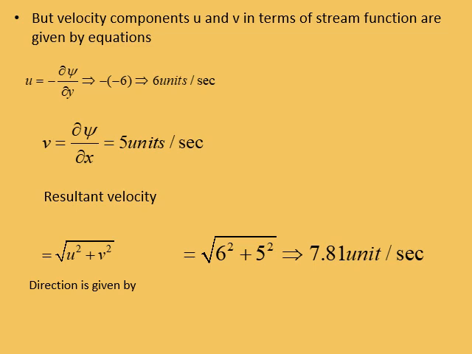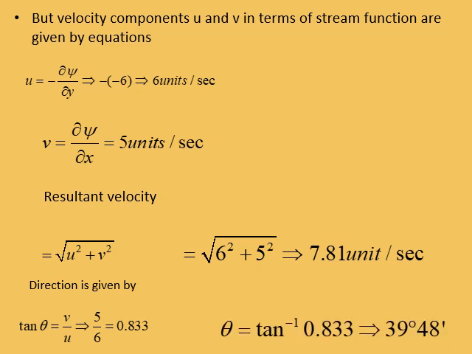The direction is given by the formula tan theta is equal to v by u, and the value of v is equal to 5 and the value of u is equal to 6. So tan theta is equal to 0.833, then theta is equal to tan inverse of 0.833, so that is equal to 39 degrees 48 minutes.